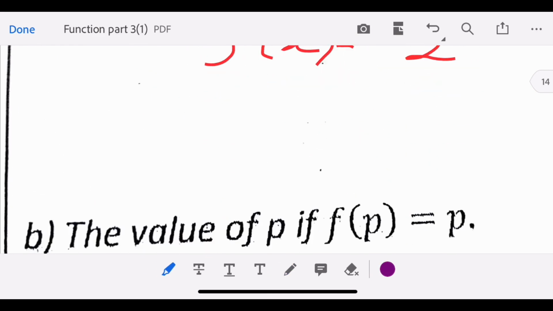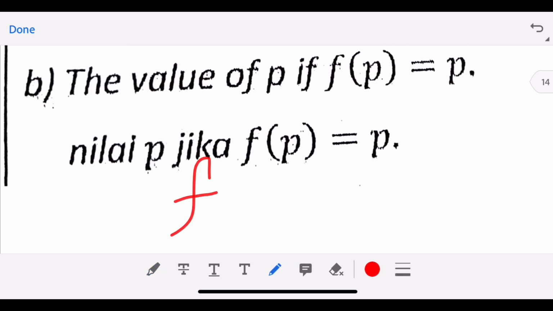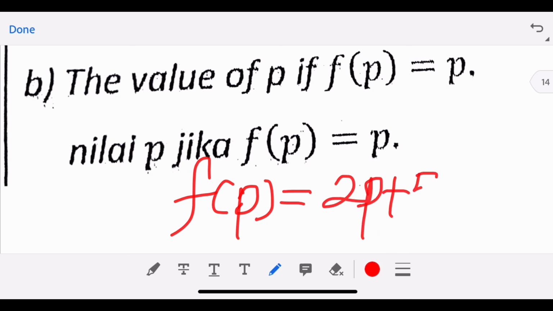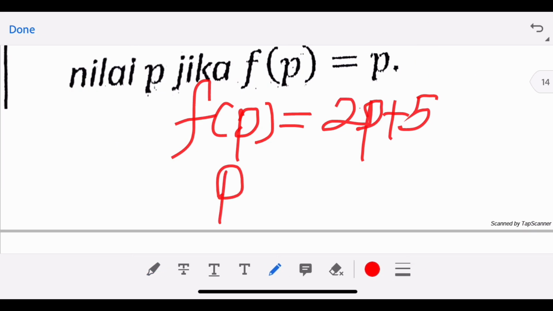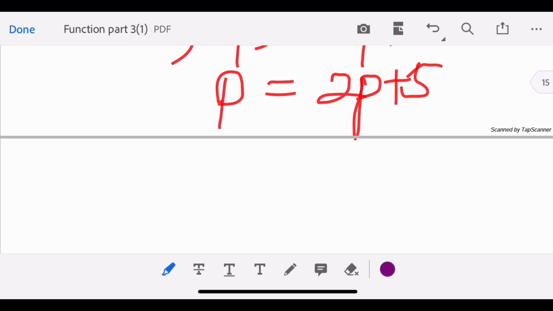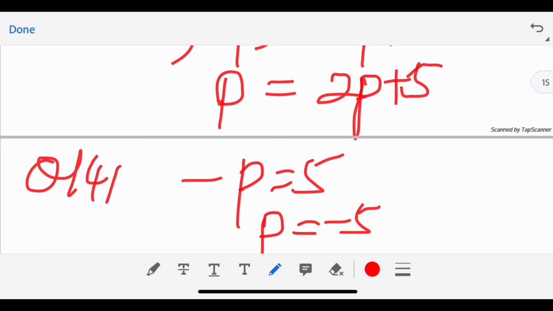And then for b, the value of p, if fp equal to p, fp is 2p plus 5, right? So that means p will be negative 5, right? So this is the answer for question number 14b.